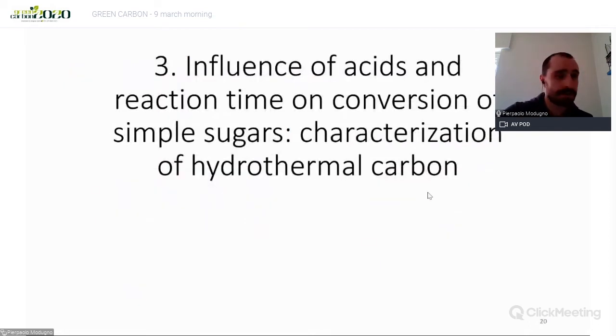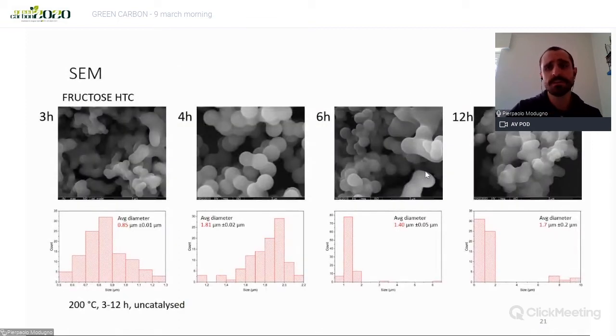The third part of my work revolves around the influence of acid and reaction time on the conversion of simple sugars from the point of view of the hydrothermal carbon. So first, I'm showing the SEM pictures of the hydrothermal carbon samples that I prepared.